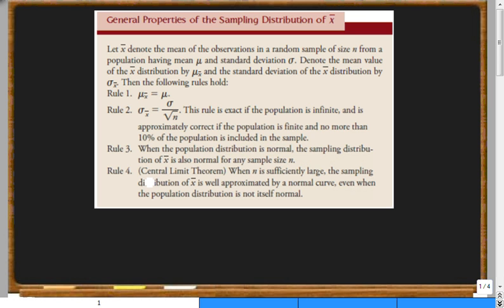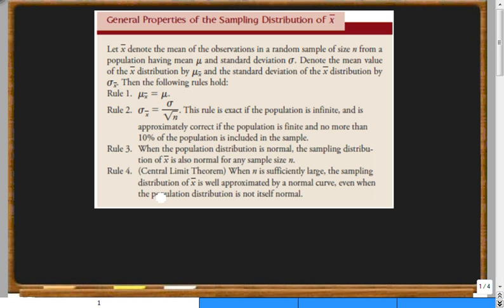Rule 4 says that if n is large enough, it does not matter what the population distribution is. It doesn't have to be normal, but if we take a large enough sample, then it will take care of it and it will become normal as well. That magic number is 30.